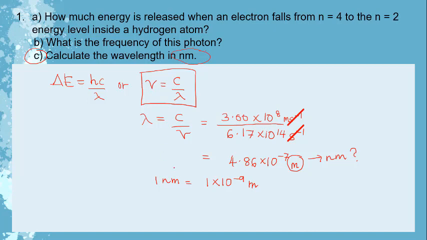Now we convert 4.86 times 10 to the power of negative 7 meter to nanometer by dividing with 1 times 10 to the power of negative 9 meter. The final answer is 486 nanometer.